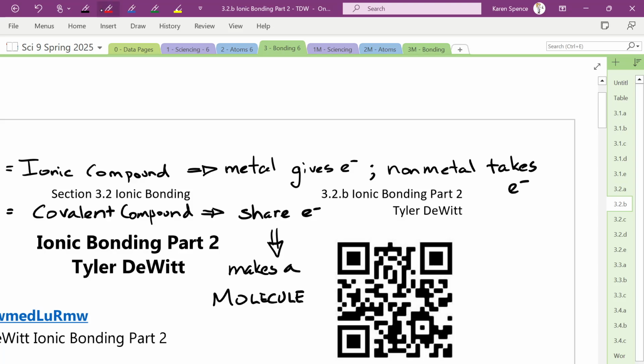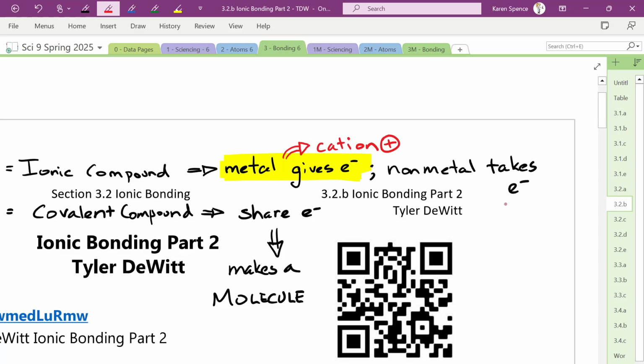Now we have a metal that gives electrons. What does it become? If a metal gives away electrons, it becomes an ion. What type of ion? Cation. And what charge are cations? Cations are positive.